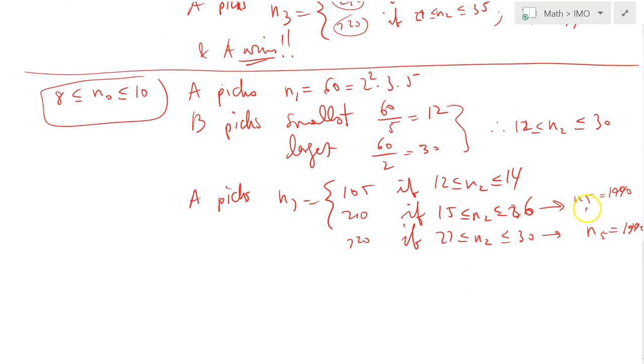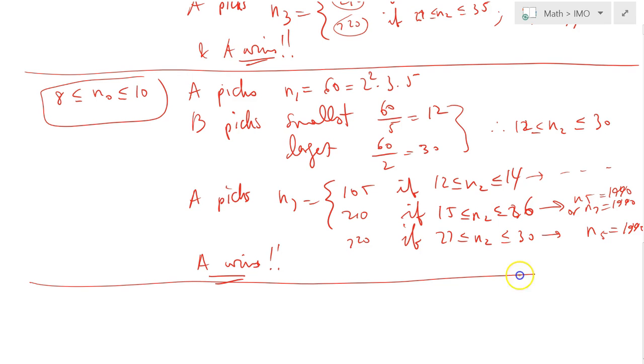Or we can win in N7. The same thing here. Regardless, A wins again. Unfortunately, this procedure will not work for smaller numbers.